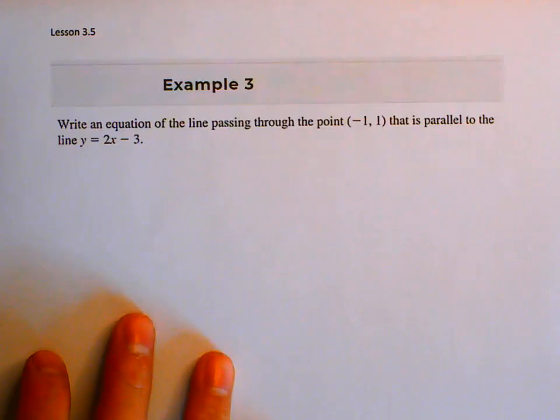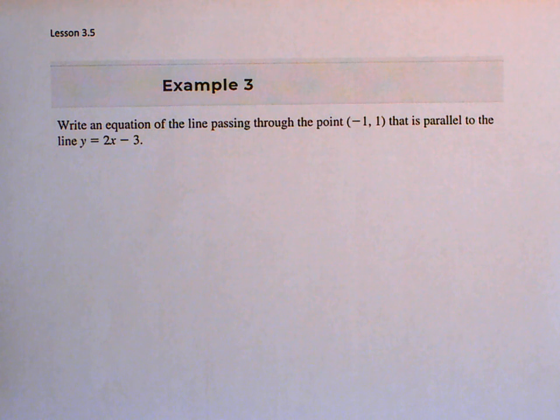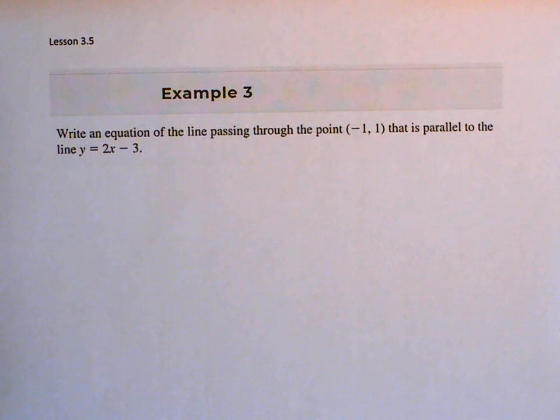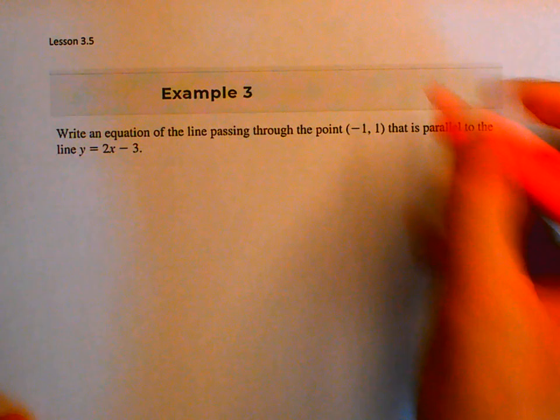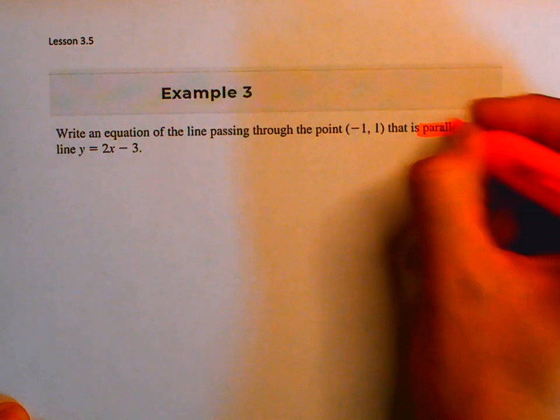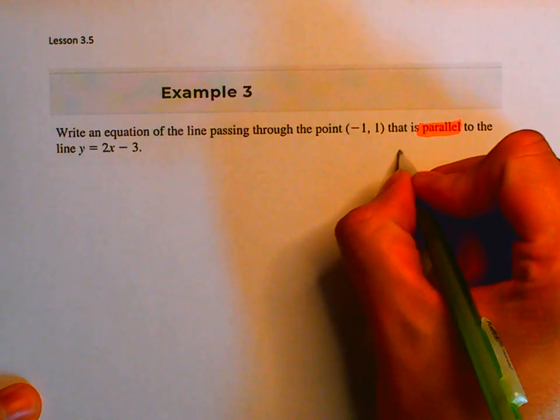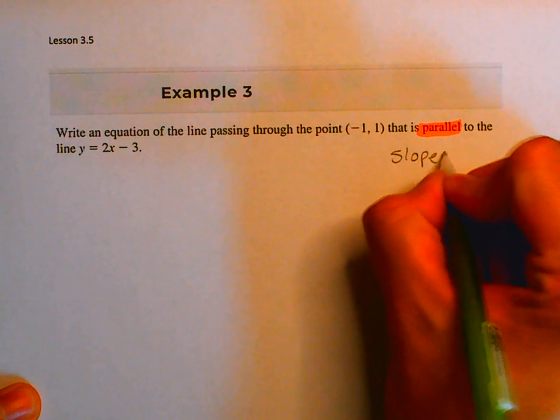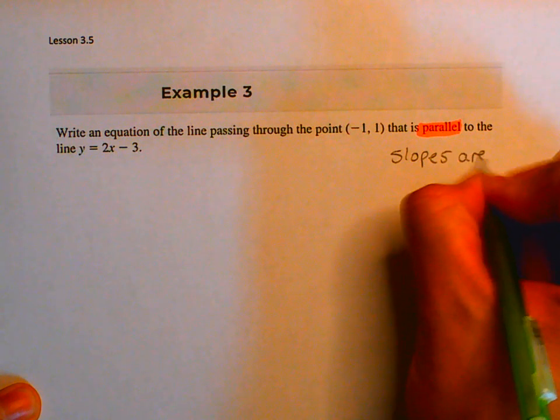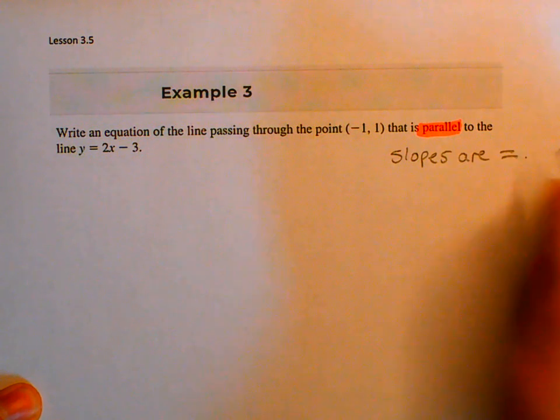It says, write an equation of a line passing through point (-1, 1) that is parallel to the line y equals 2x minus 3. Here's our main information. We want the lines to be parallel, which means that the slopes have to be equal.